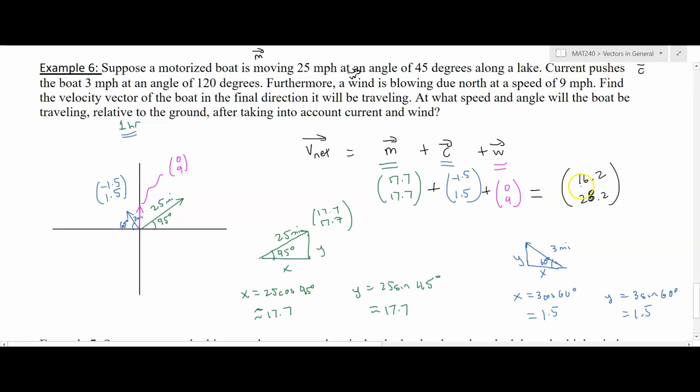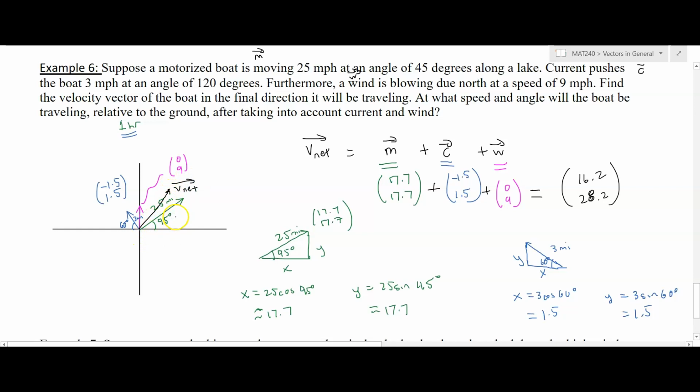So if we plotted where this vector is, this velocity vector is going to be 16.2 units this way and then 28.2 units up. So in net, let's just kind of draw it like that. This is going to be roughly the net velocity vector.